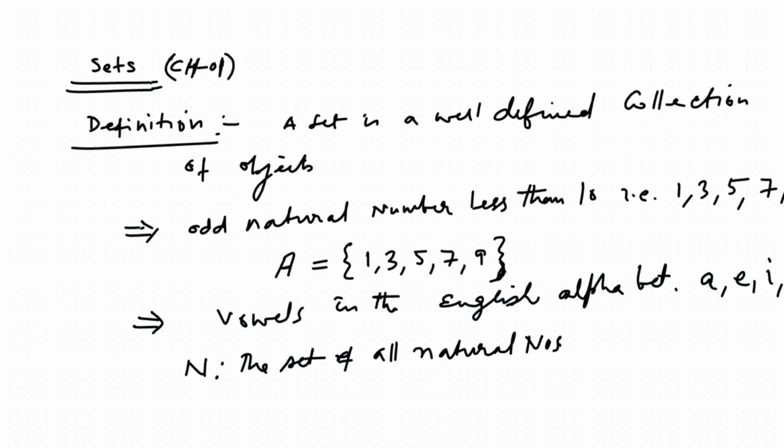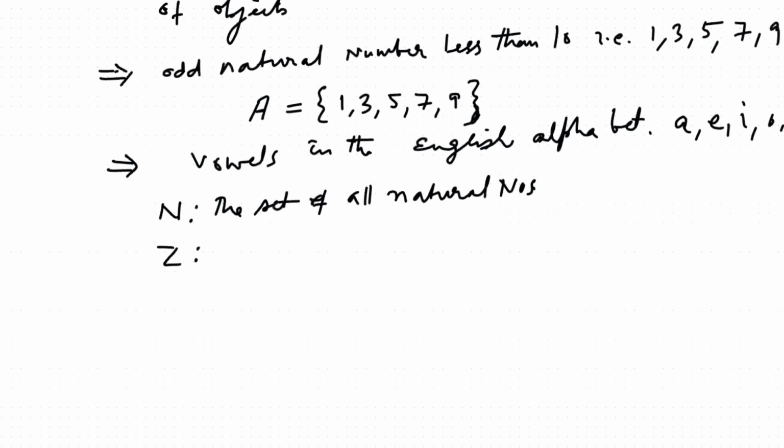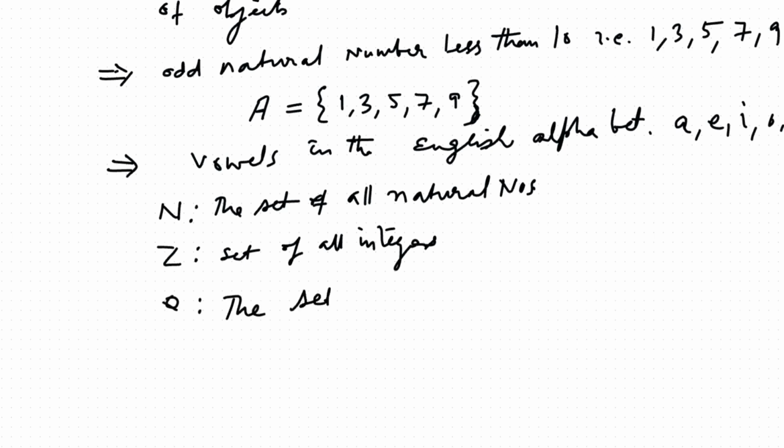Also, we can take Z, which is the set of all integers. Let us say Q. Q denotes the set of all rational numbers.